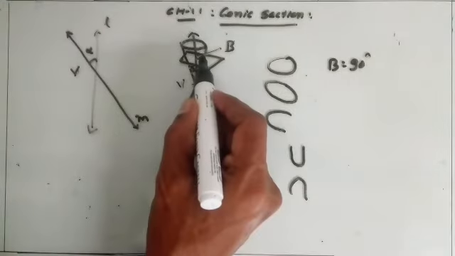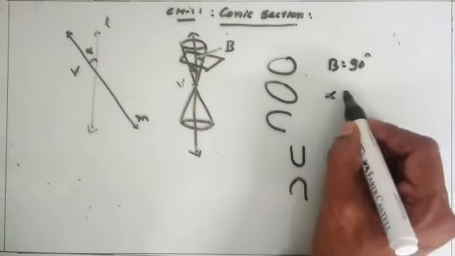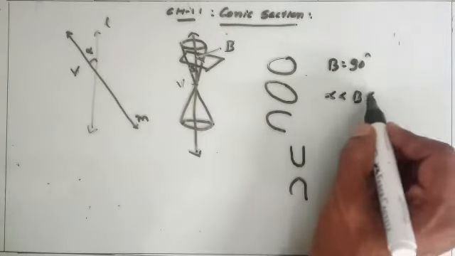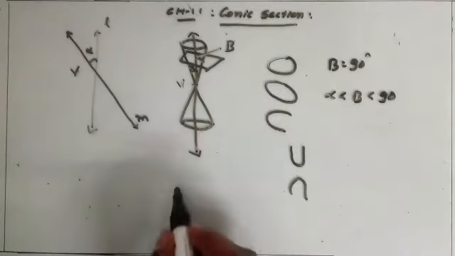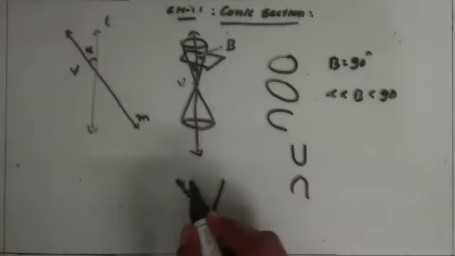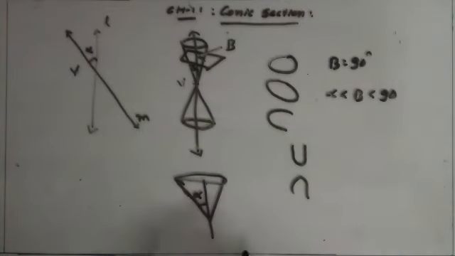If the value of beta is greater than alpha, that is alpha less than beta and beta less than 90, remember this. The semi-vertical angle of this right circular cone is alpha.